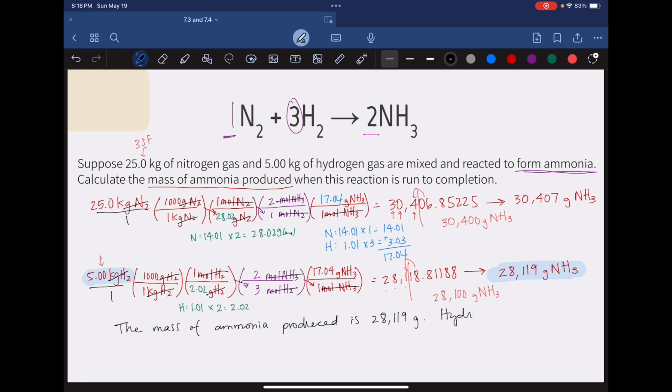Hydrogen. Oh no, my hydrogen disappeared. We'll just do H2 is the limiting reactant.